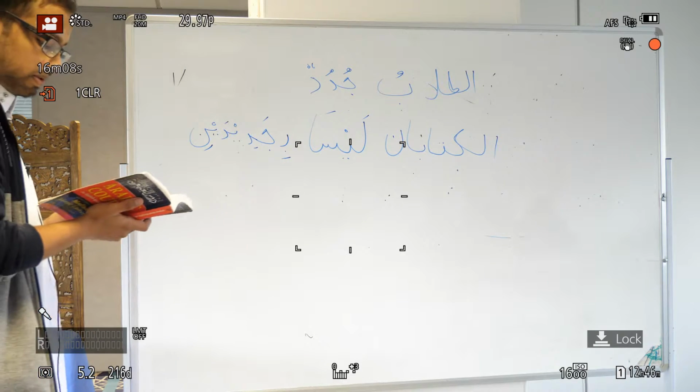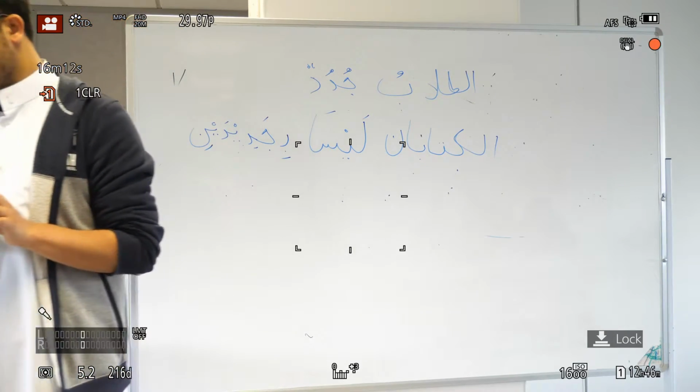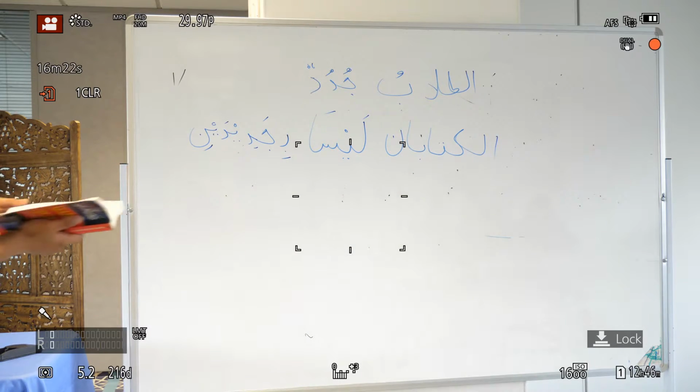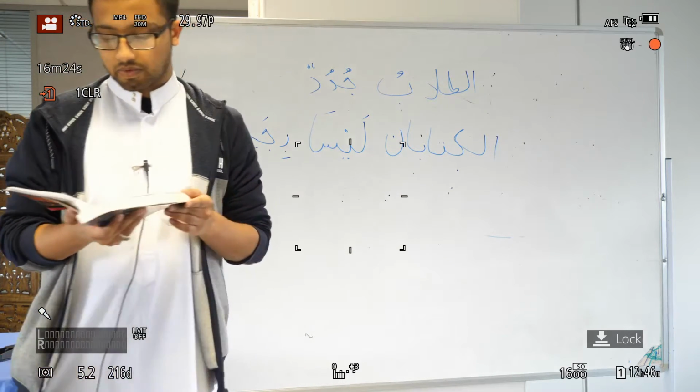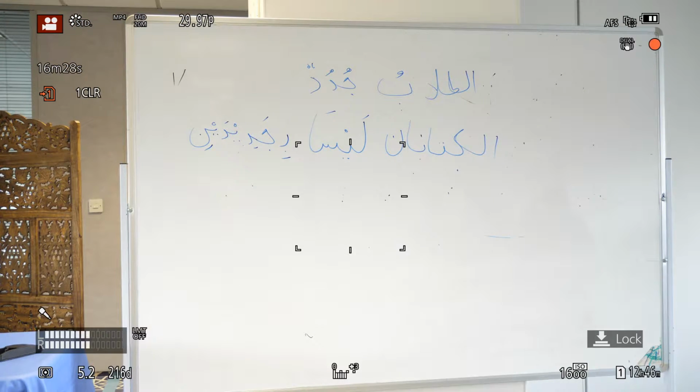So read the one that says in the book. Laysat. Yeah. Now you're going to make that into a jumla fi'liya. Good. Good. And the meaning's exactly the same. Shan, next one. Al-Fatayat.